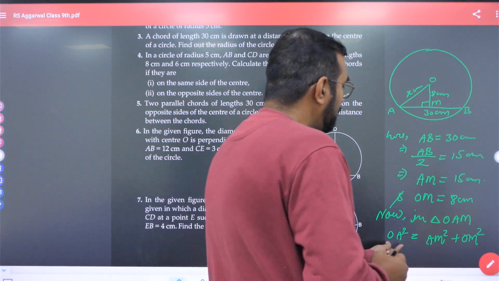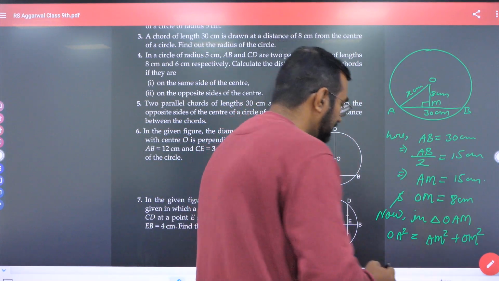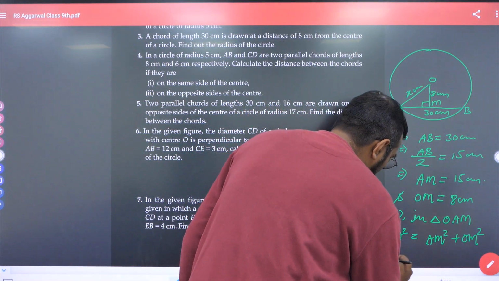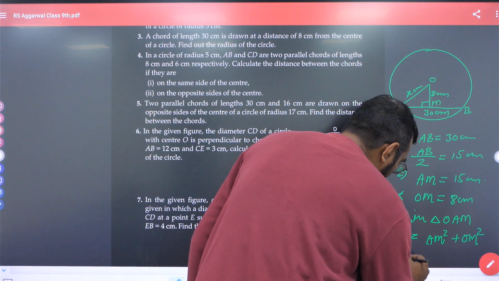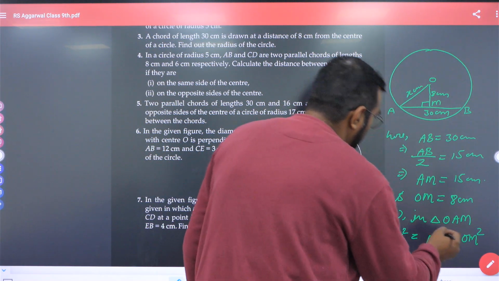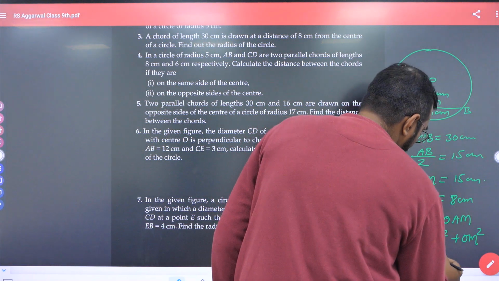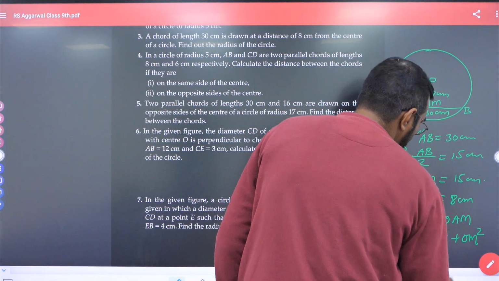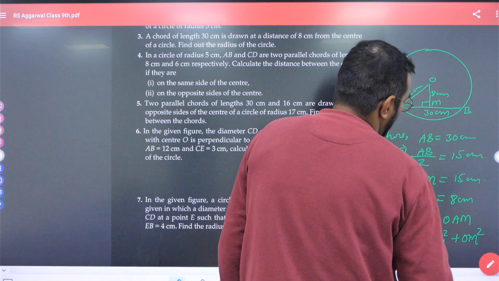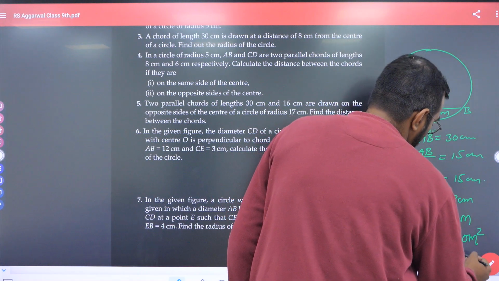Here we have to find OA, so no need to transpose anything. We will put the value only. OA square, AM is 15 square, plus OM is 8 square.